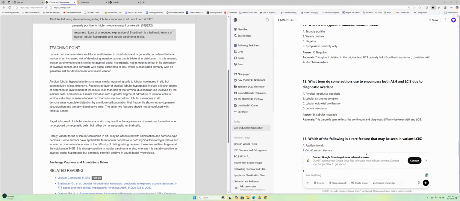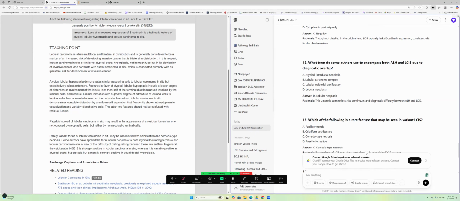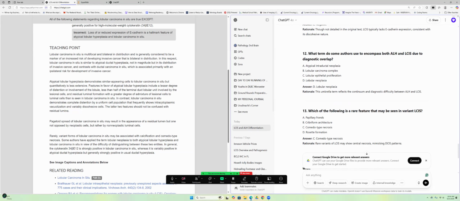So what term do authors use to encompass ALH and LCIS due to diagnostic overlap? Lobular neoplasia. That means somebody once said something in one lecture. Why is there so much overlap and difficulty in differentiating? I'll paraphrase using Conrad Fischer's words.